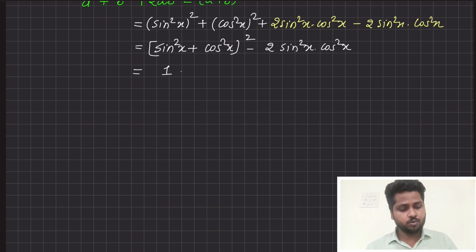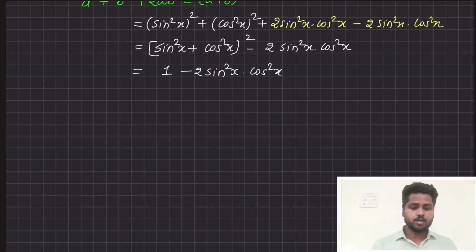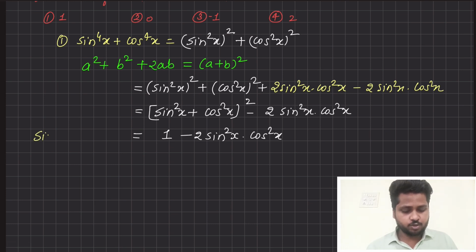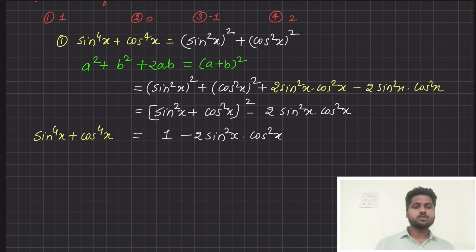So 1 minus 2 sin square x into cos square x. Clear? So sin raised to 4x plus cos raised to 4x is equal to 1 minus 2 sin square x into cos square x.